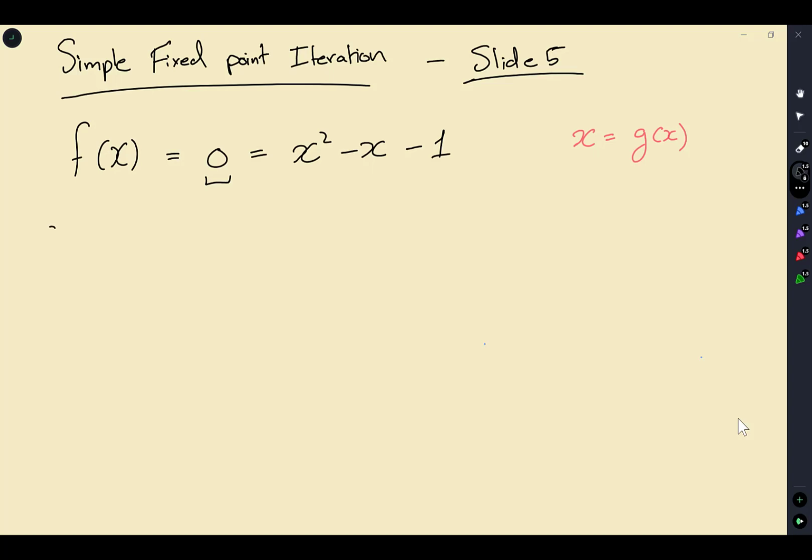So in option 1, we move the x squared, basically isolated to one side, equals x plus 1. And then we divide by x on both sides of this expression to get x equals 1 plus 1 divided by x.